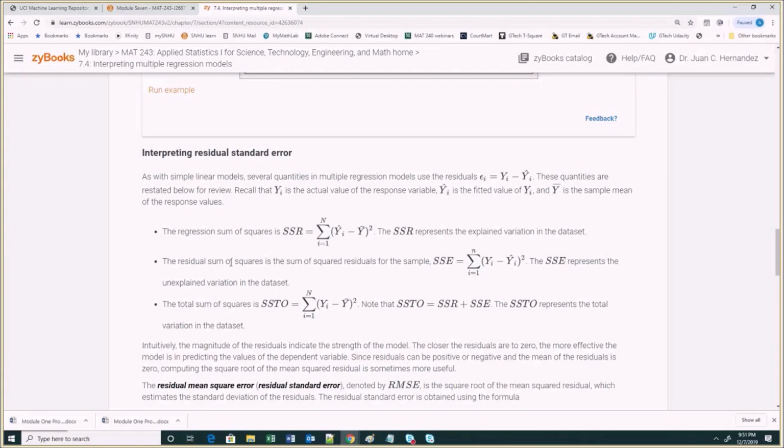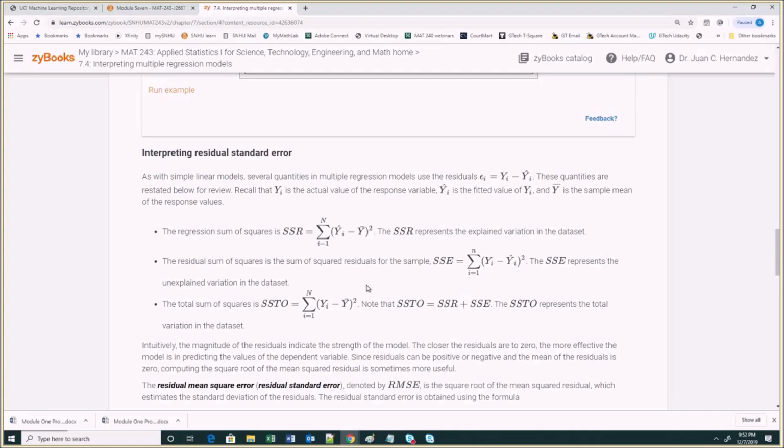Residual sum of squares, or SSE, the sum of squared errors, represents the unexplained variation in the data set. So now, like SSR represents the variation in the data set that is explained by the model, SSE is the other portion of the variation that is not explained by the model.